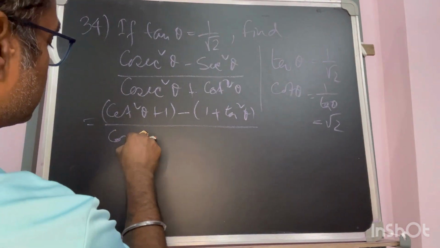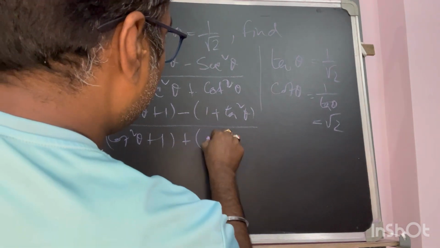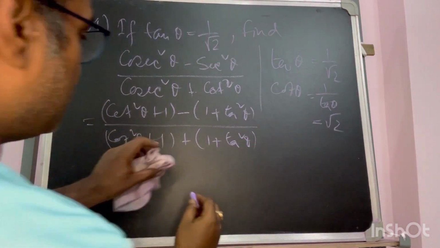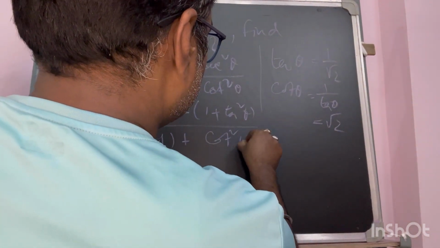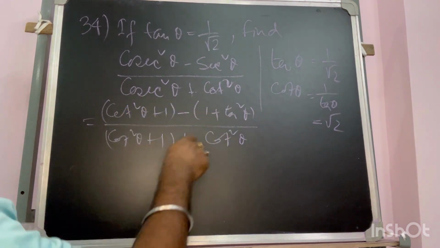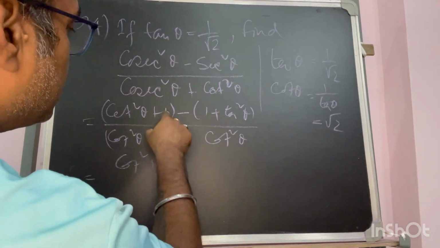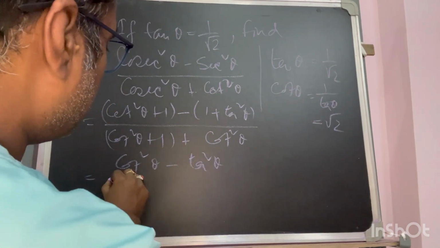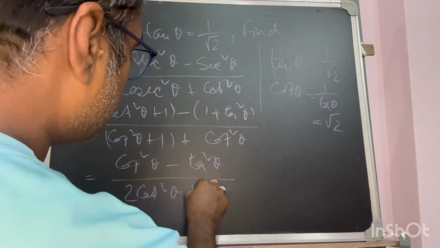Then cot square theta plus 1 minus 1 plus tan square theta, over cot square theta plus 1 plus 1 plus tan square theta. So all is transferred into tan and cot. So cot square theta, 1 and 1 will be cancelled out. Ultimately it will be tan square theta divided by 2 cot square theta plus 1.